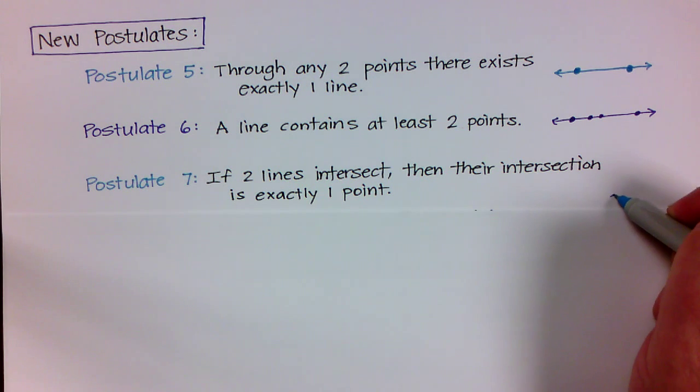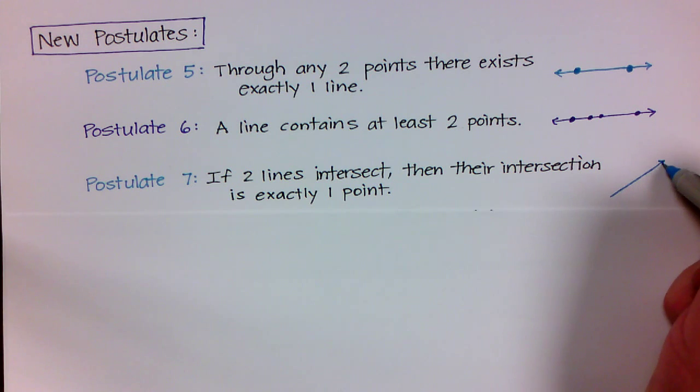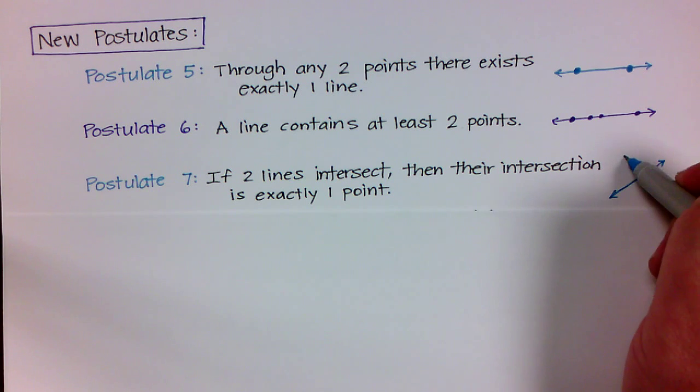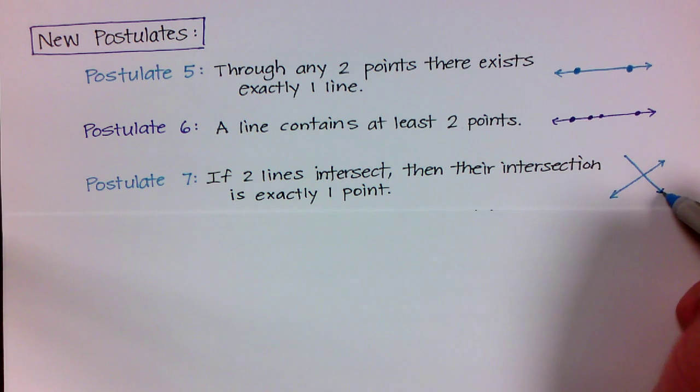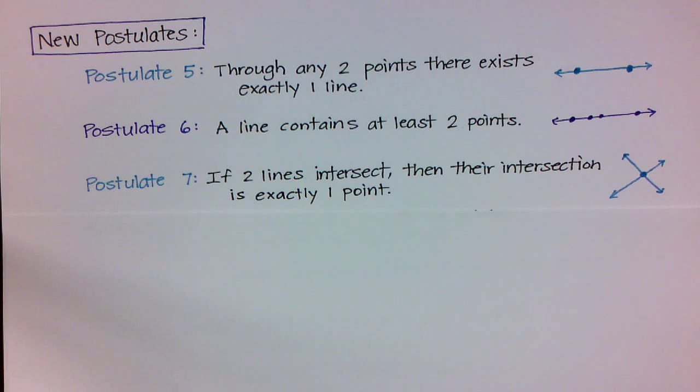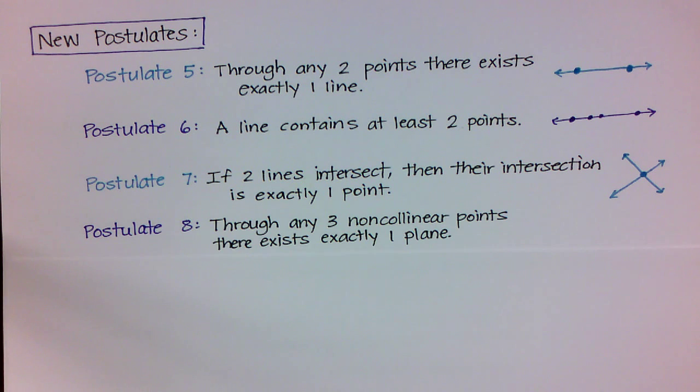We've already kind of gone over this. If I have one line, and I have another line, and I look at where they intersect, they're meeting at exactly 1 point. That's postulate number 7.